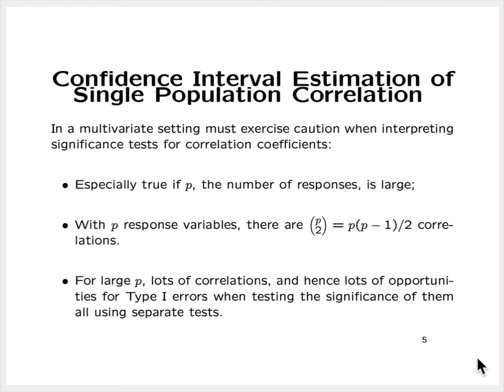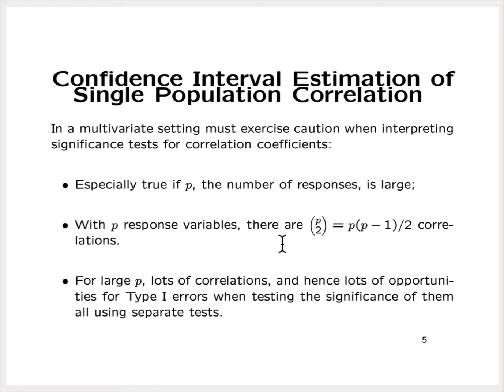And the number of possible correlations, the number of correlation coefficients, is going to get large pretty quickly as the number of response variables in our data set increases. So when you have p response variables, and remember what we're looking at here are pairs of response variables, for every pair there's going to be a covariance and there's going to be a correlation.